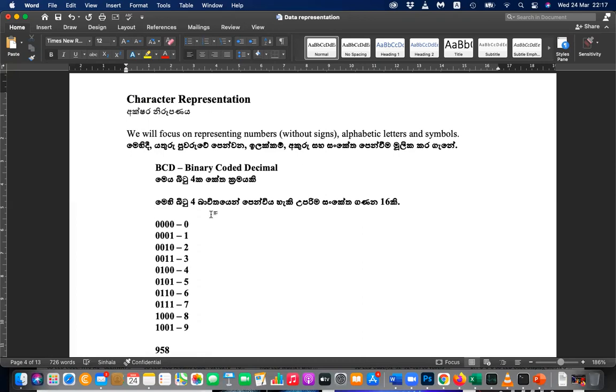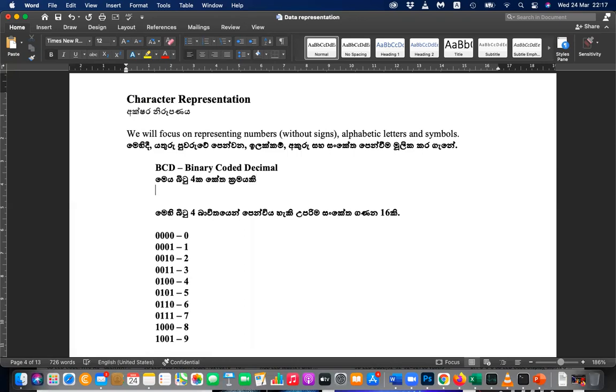Okay, the first method that we use here is called binary coded decimal. And please write down that as well. BCD is a 4-bit representation method introduced by IBM, International Business Machines.